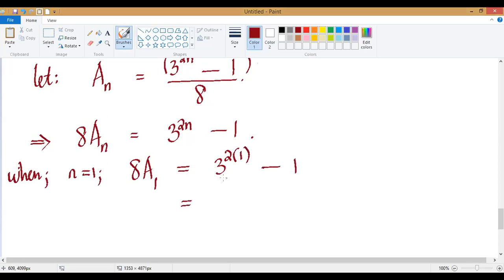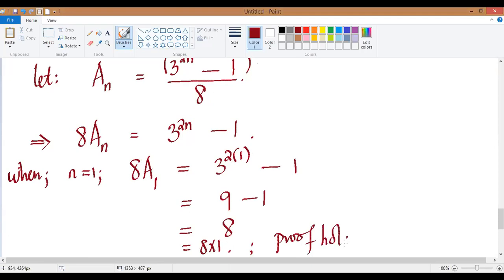That is 3 squared, which is 9, minus 1. And you notice that I get 8. So 8 is the same as 8 times 1. By virtue of the fact that I can generate an 8, it is enough to confirm that the proof holds, because when you divide by the 8, you'll get your first solution as 1.